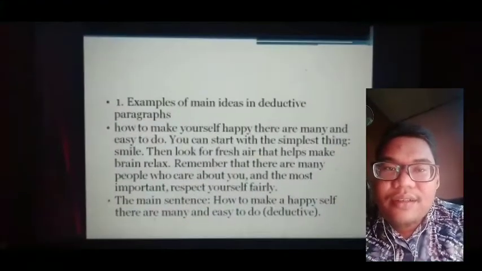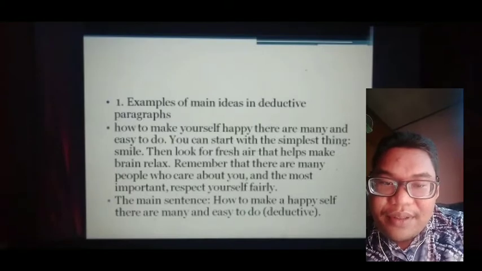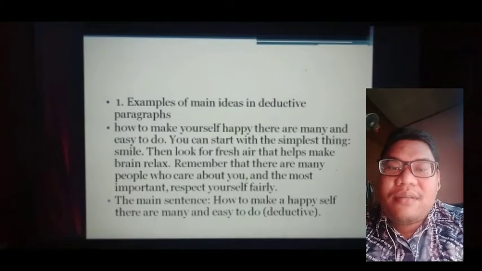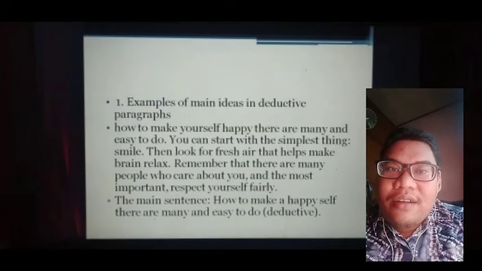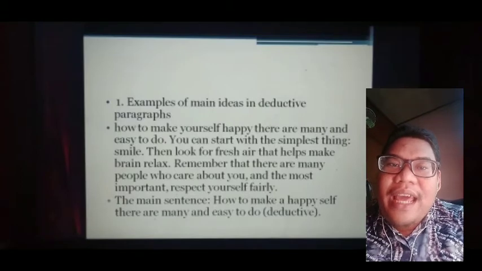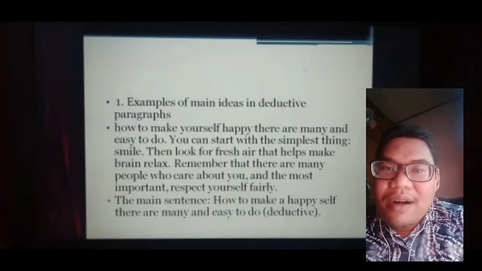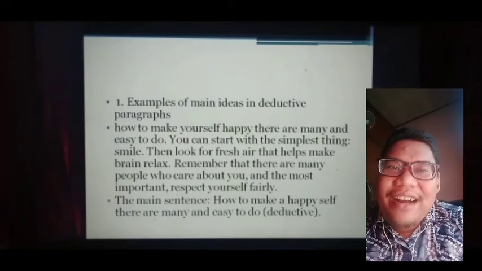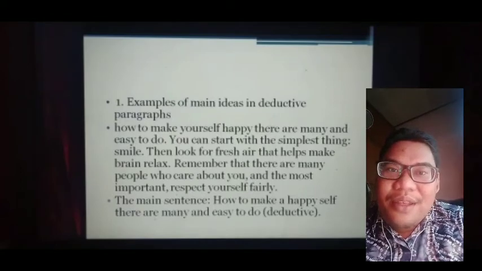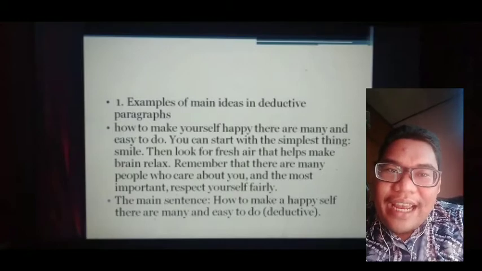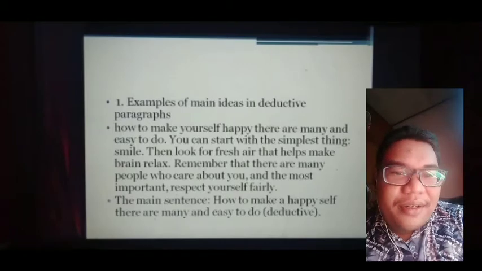Okay, now for the examples. I will give you two examples. The first is the main idea in a deductive paragraph. The paragraph is like this: How to make yourself happy. There are many and easy to do. You can start with the simplest thing, smile. Then look for fresh air that helps make the brain relax.